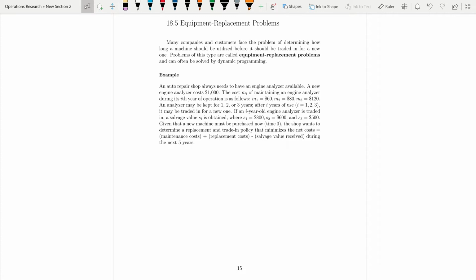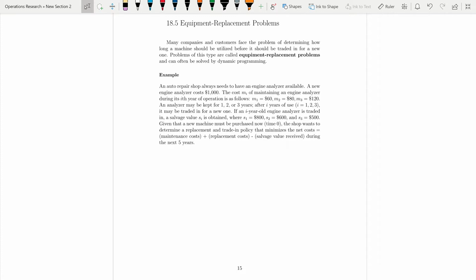The cost of maintaining an engine analyzer during its ith year of operation is $60 for the first year, $80 for the second year, and $120 for the third year. We can only keep an analyzer for up to 3 years, then it has to be replaced. And we have our salvage values, S sub i, where S1 is 800, S2 is 600, S3 is 500.